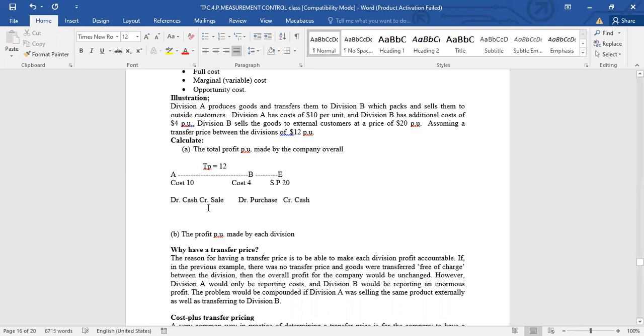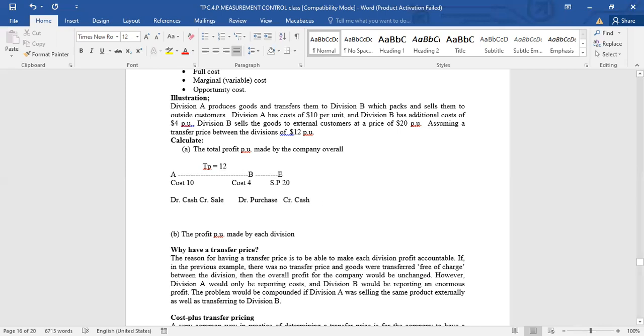So when these two come together, because they are under one umbrella, these debits and credits cancel out. It's more of a consolidation. When you come together, the selling price disappears.